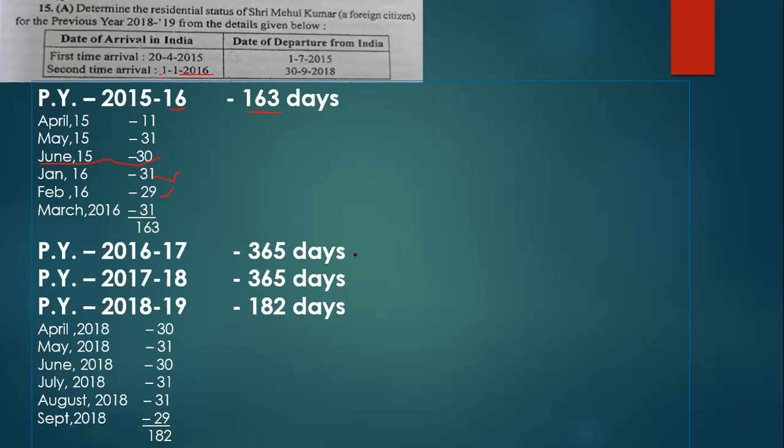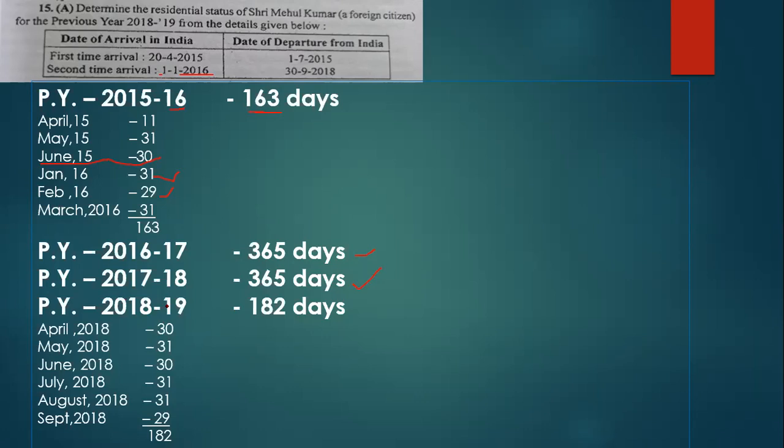We can easily write down the number of days for the year, so we will write down 365 days. Same with 2017-18, because in 2017-18 also he stays in India for the whole year. So we will write down 365 days for 2017-18 also.